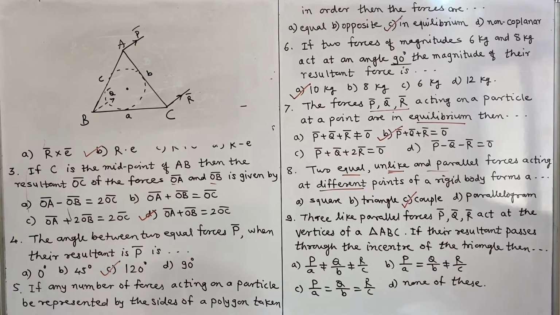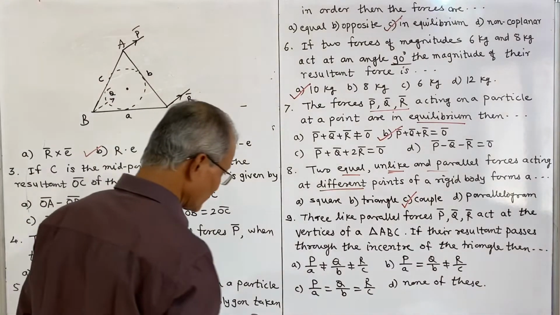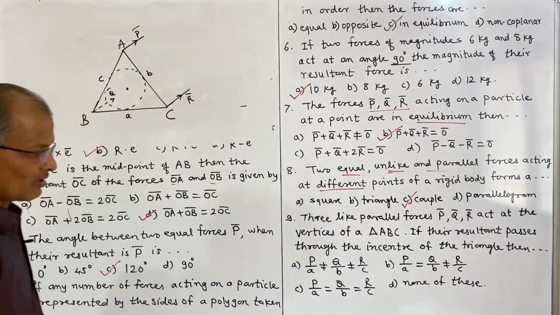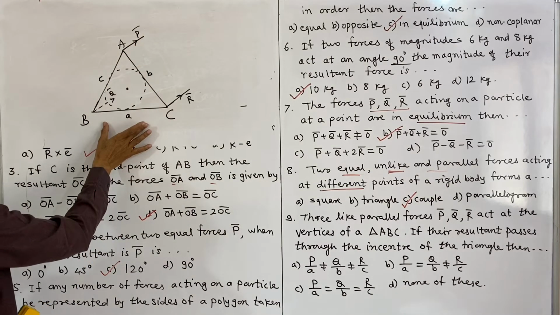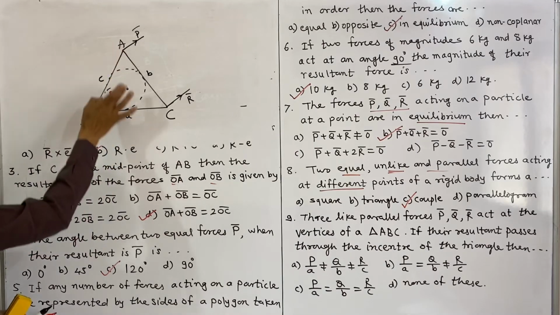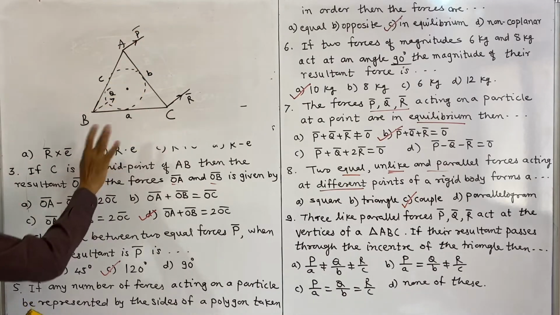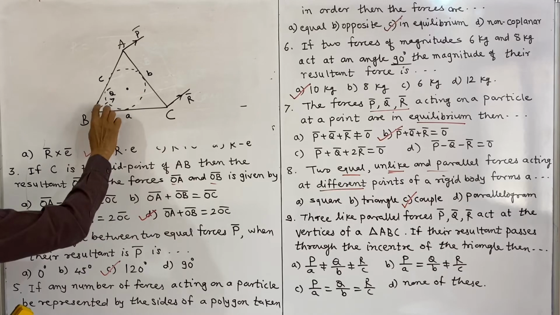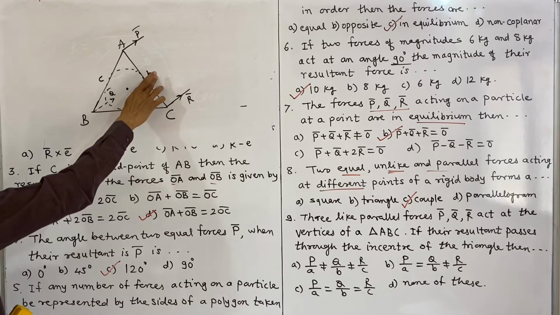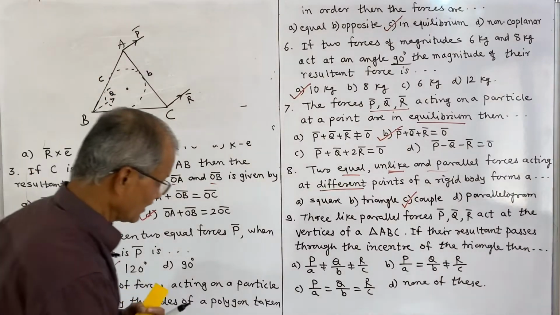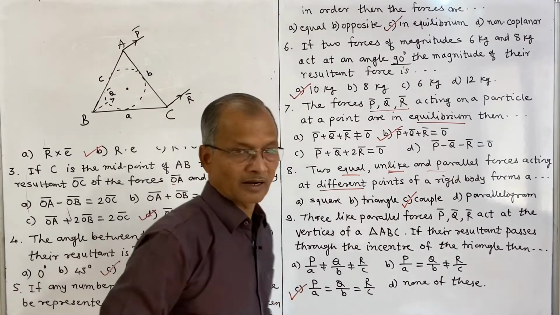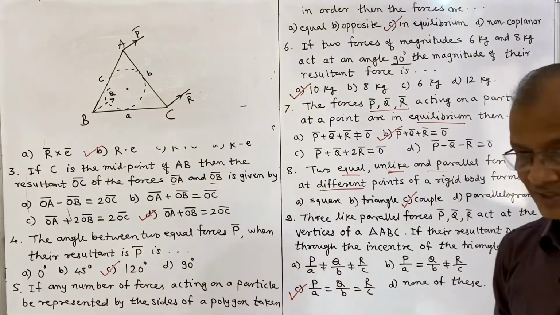If the resultant passes through the incenter of the triangle, then the result is that P upon a, Q upon b, and R upon c are in proportion: P/a equals Q/b equals R/c. Therefore this is the correct alternative for the 9th question.